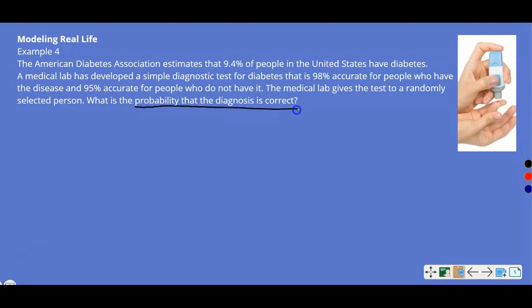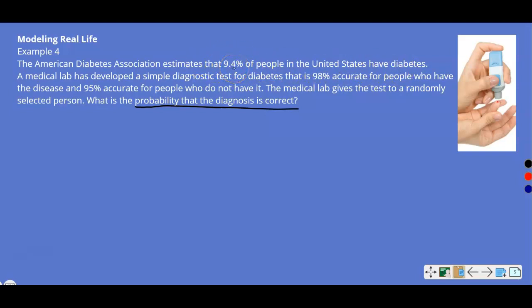So we're looking for the probability that the diagnosis is correct. We have different scenarios here: people with diabetes where the test is accurate, and people who do not have diabetes where the test is inaccurate. First, let's think about all the people in the U.S. Out of everyone in the U.S., 9.4% have diabetes.